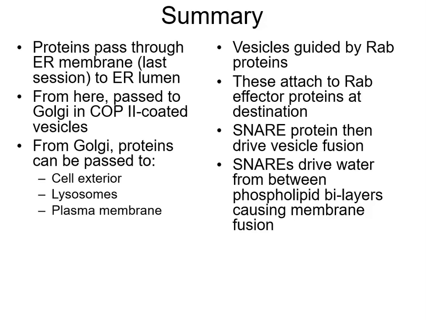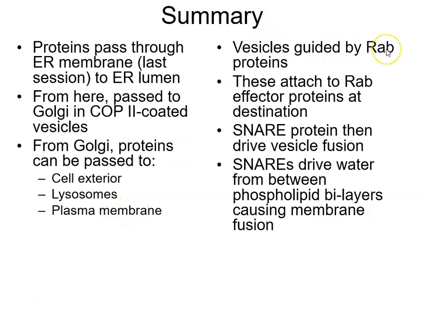Okay, so this is just a summary of the key points that I've covered. Proteins pass through the ER membrane into the endoplasmic reticulum lumen. That was all covered in the last video. From here, proteins are passed to the Golgi in COP2 coated vesicles. From the Golgi, proteins can be passed on either to the cell's exterior, to the lysosomes, and also membrane proteins can be passed to the plasma membrane if they are membrane bound.